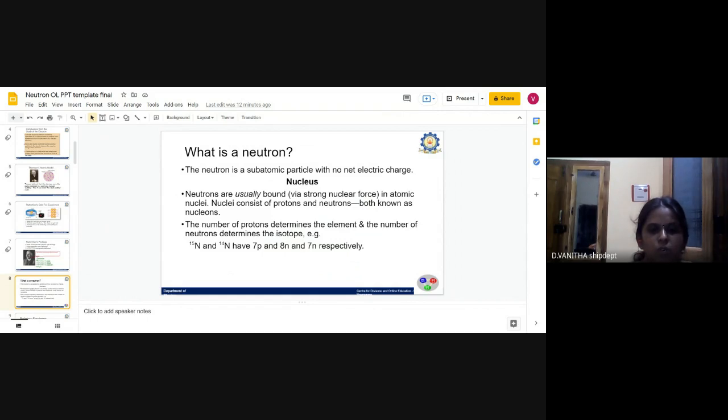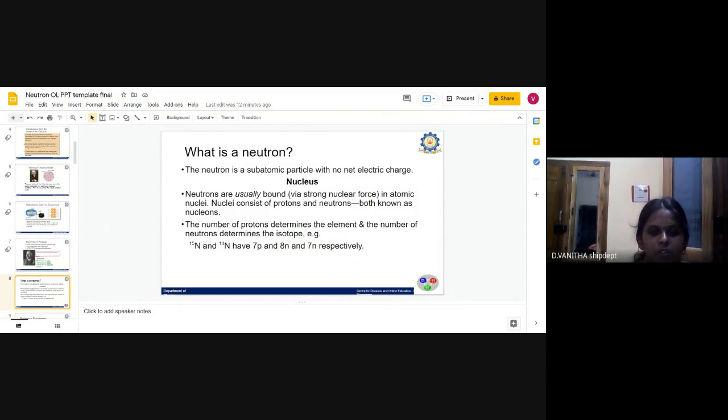Isotopes are atoms of the same element which have the same atomic number but different mass numbers. The different mass number is due to the different number of neutrons. For example, nitrogen has two isotopes: one is N15 and the other is N14.